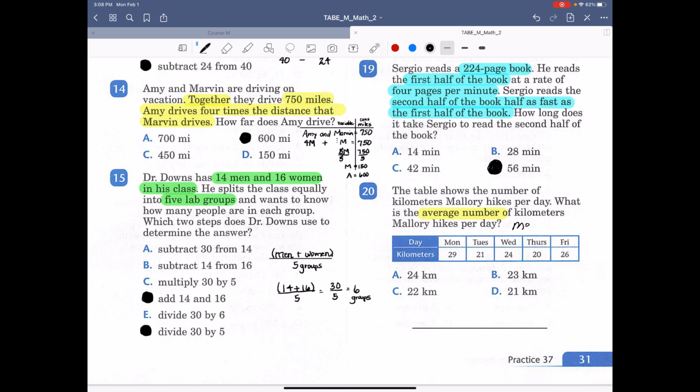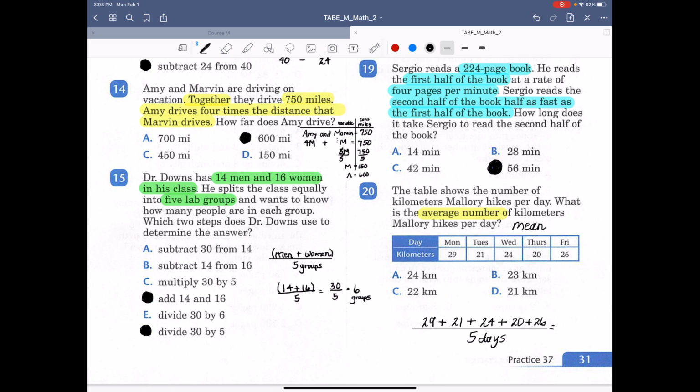The word mean and the word average mean the same thing. So I would say 29 plus 21 plus 24 plus 20 plus 26. So I'm adding up the 5 days. And because there are 5 days, I will divide by 5.